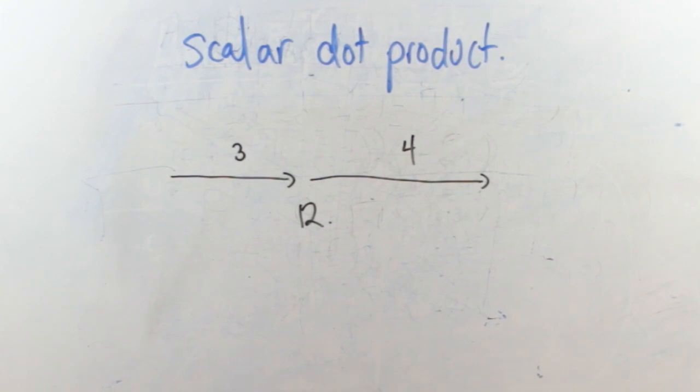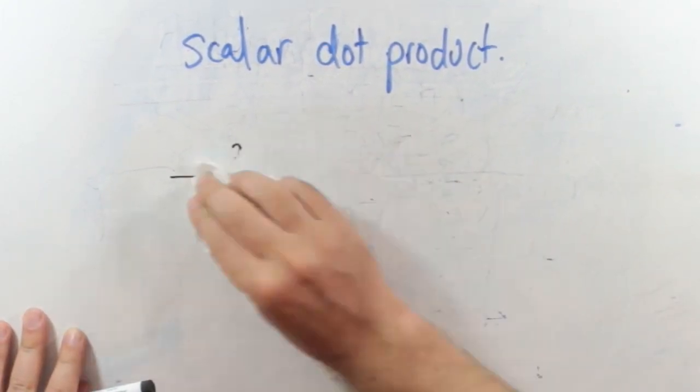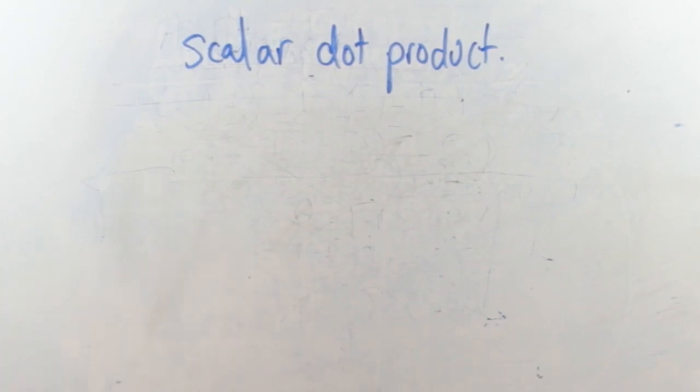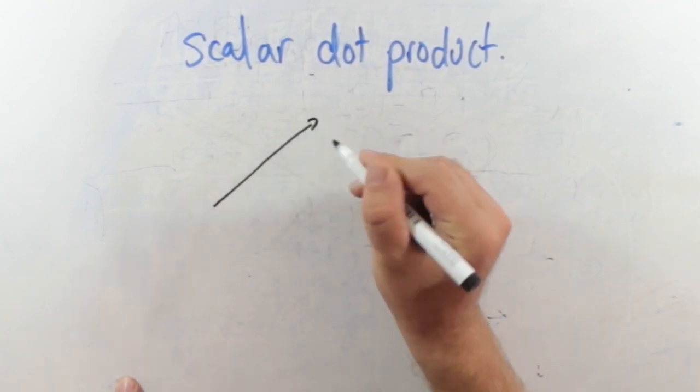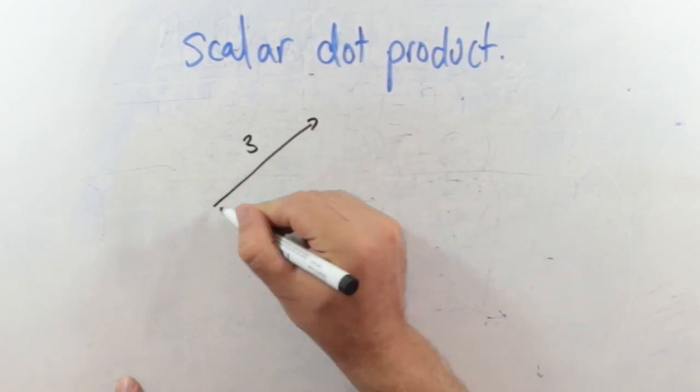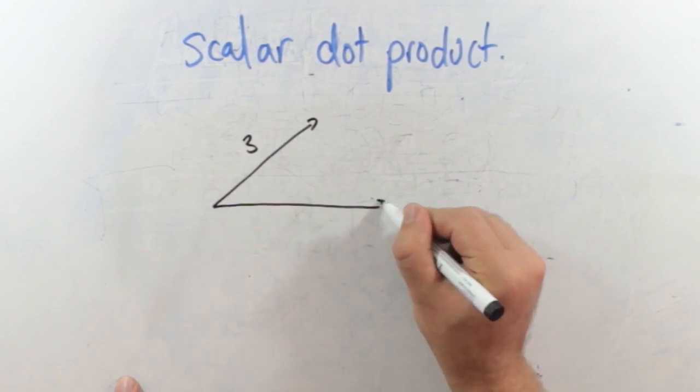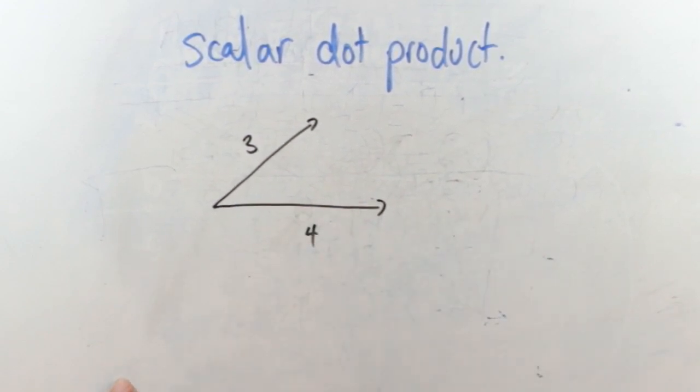I need something to rub this out with. Okay, here we go. So what do we get if the directions are different? We've got our magnitude 3 vector here and a magnitude 4 vector down here.